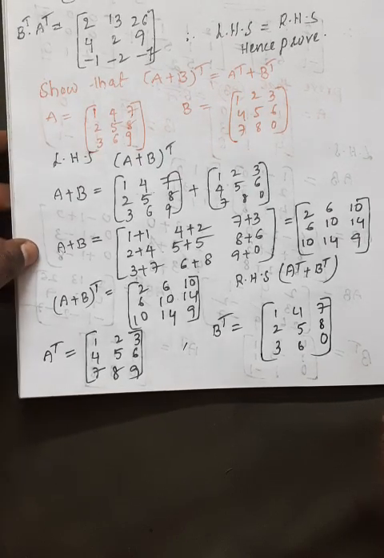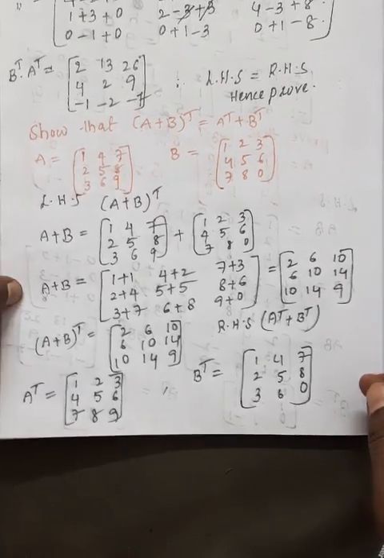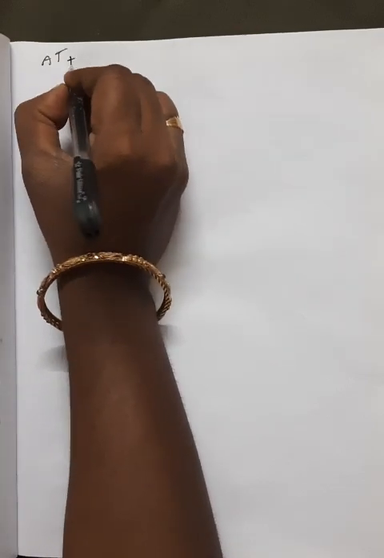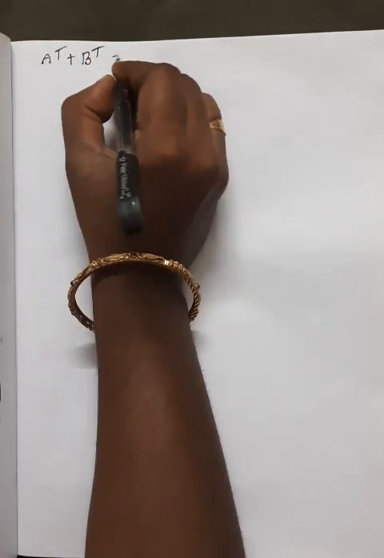After getting A transpose and B transpose, we have to add these two matrices. That is, A transpose plus B transpose is equal to.